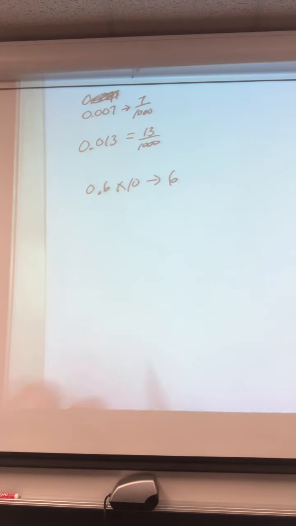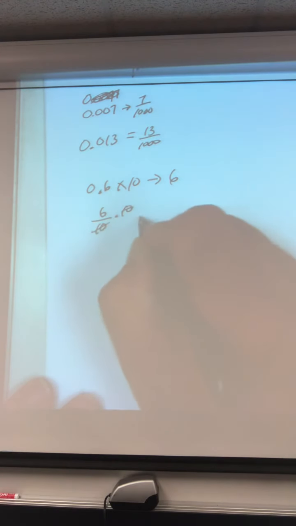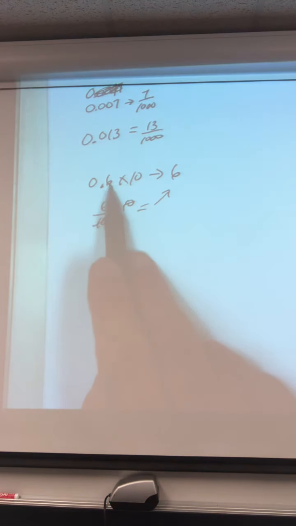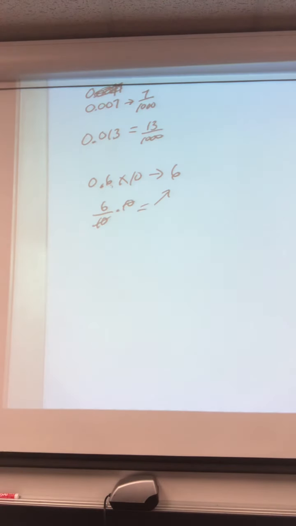Here's the reason. 0.6 is 6 tenths times 10, which is just 6. So if we need that decimal to be moved one place to get it to the end, we're going to multiply by 10. Now, what do you think we would multiply through by if we need that decimal to be moved two places?